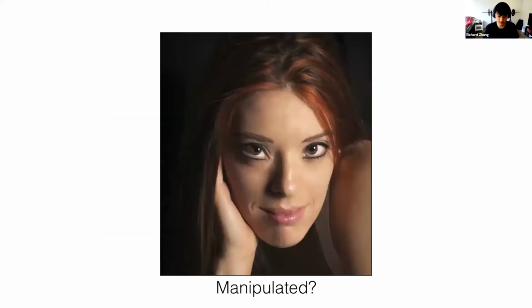Okay, let's see how it does. So here's an image. Was it manipulated or not? We can ask our binary classifier. It turns out it was. From there, we can predict the flow field, and here's a heat map of the flow magnitude visualized. So we see that the system is predicting that the eyes were touched and the lips were touched. And if we apply the flow field, we can see that this is the suggested undo.